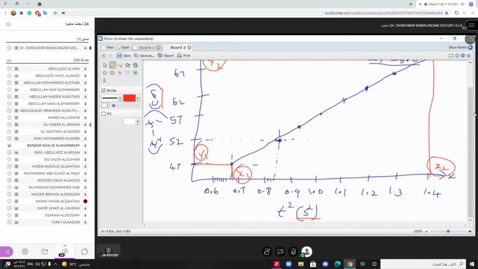The slope is equal to y quantity by x quantity. What is y quantity? x2 minus x1. The x quantity is t square. Wherever you find x2 minus x1 by t square, you can replace that value by the slope.